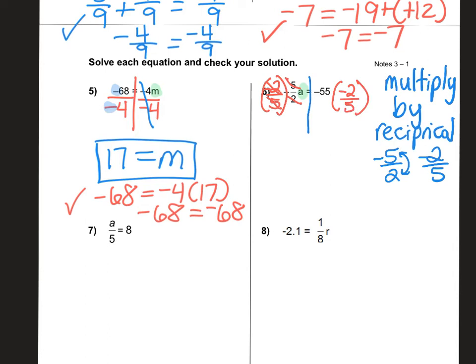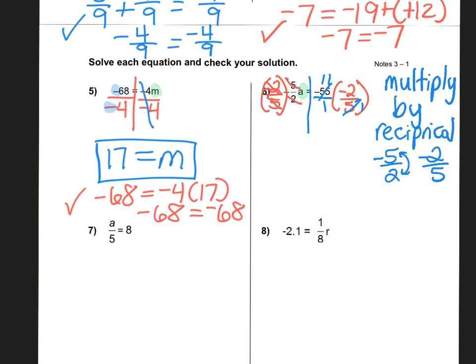If you remember multiplying fractions, that's really like -55/1. If you wanted to just multiply your numerators across and your denominators across, you can do that, but it always needs to be simplified. The other thing you could look at is 5 goes into 5 one time, 5 goes into 55 11 times.